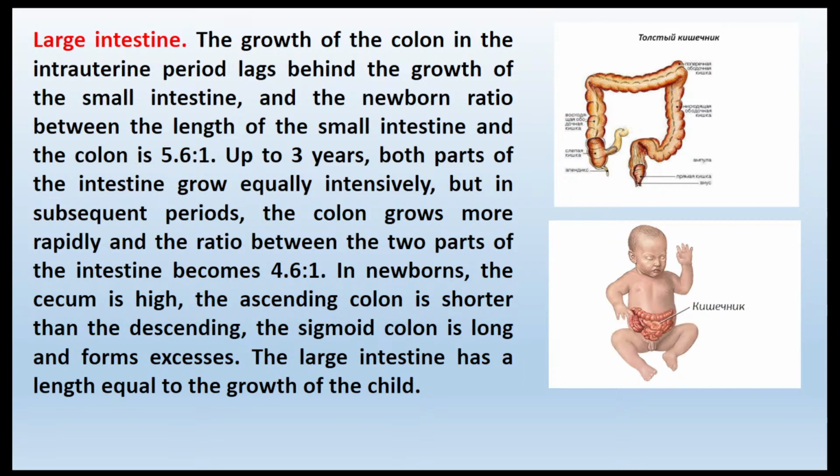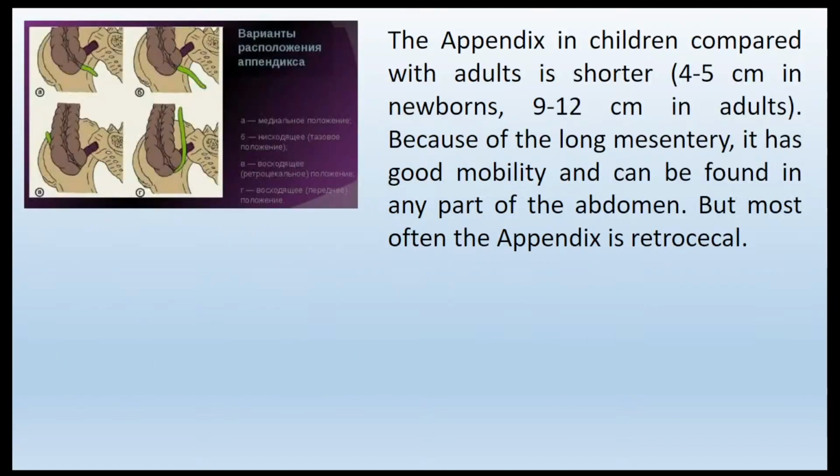In the newborn, the cecum is high, the ascending colon is shorter than the descending, and the sigmoid colon is long and forms loops. The large intestine grows at a rate equal to the growth of the child. The appendix of children compared with adults is shorter, 4 to 5 centimeters in newborns and 9 to 12 centimeters in adults.